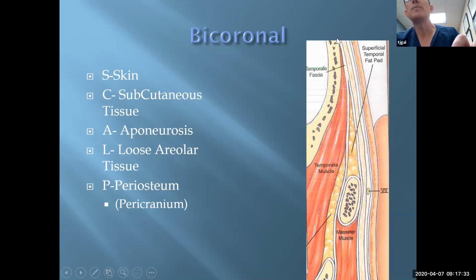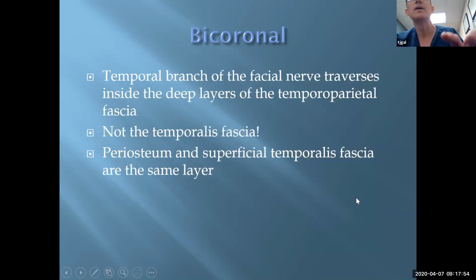So if I cut down onto bone and I elevate off of bone, I'm immediately on this plane, so I'm already out of harm's way here. And then we'll just cut through here to give myself A, access to the bone, and B, a little bit more safety away from this guy. And so, again, the temporal branch of the facial nerve traverses inside the deep layers of the temporoparietal fascia, not the temporalis fascia.